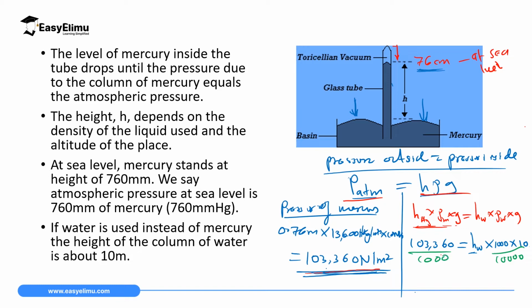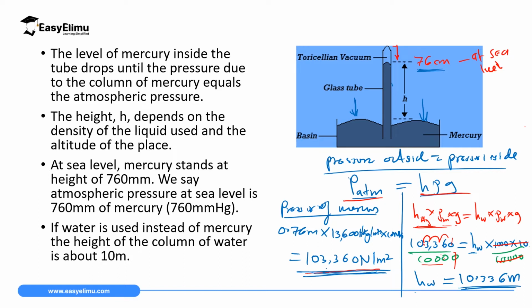Then here it will cancel out like that, and we will have 3 zeros here. We move the decimal back by 3 places, and we remain with the height of water which atmospheric pressure at sea level will support, which is going to be 10.336 meters.